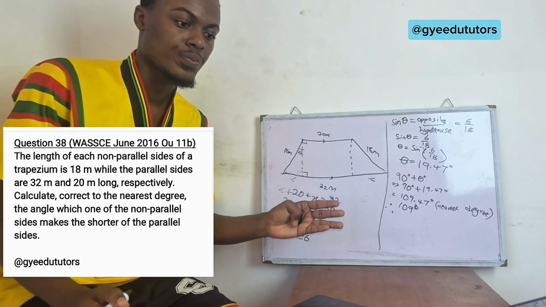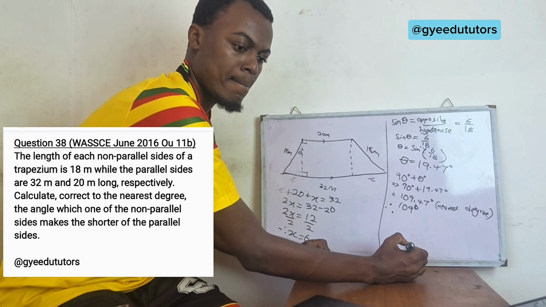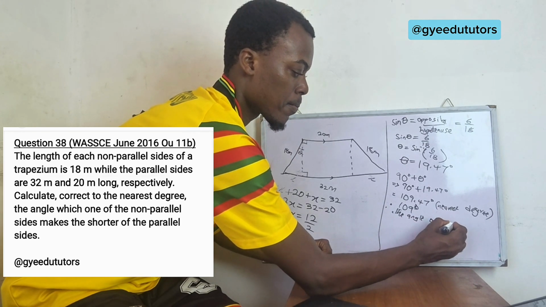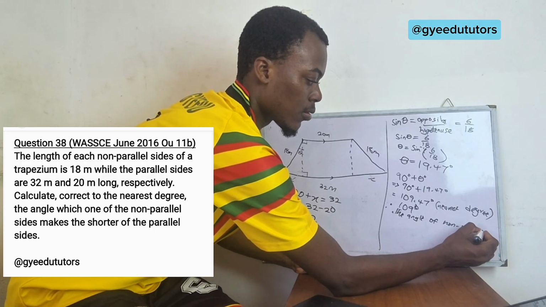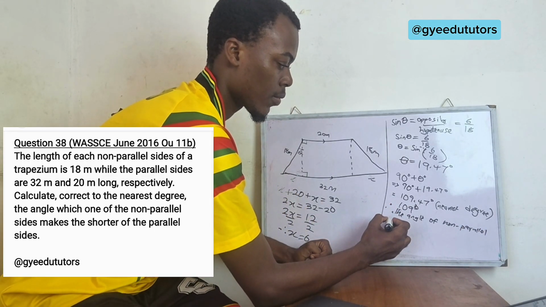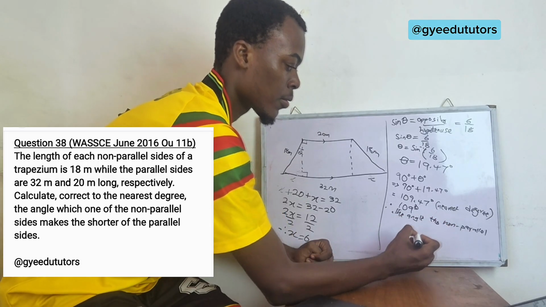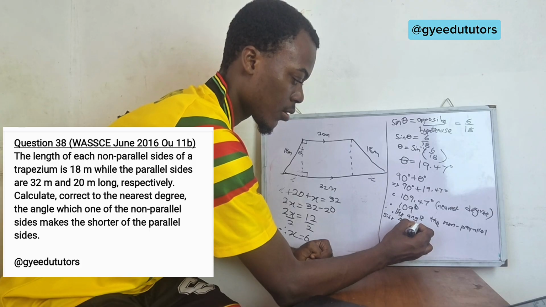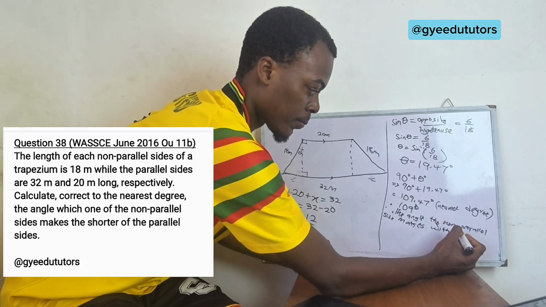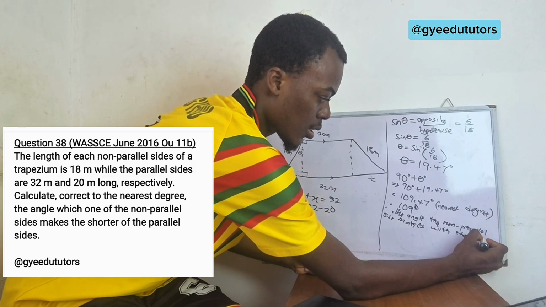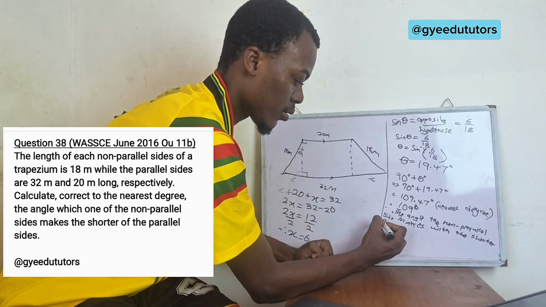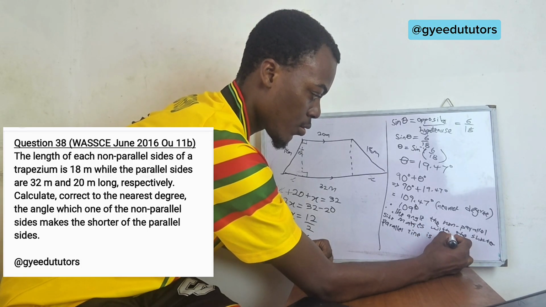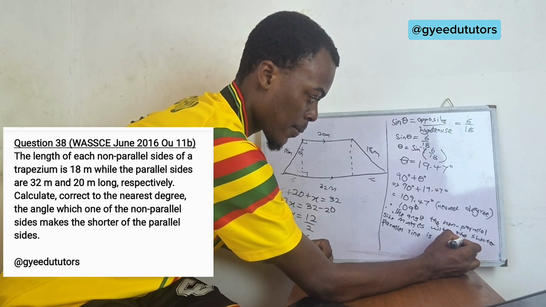So the angle the non-parallel side makes with the shorter parallel line is 109 degrees.